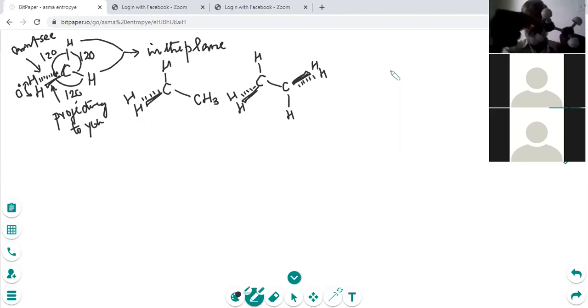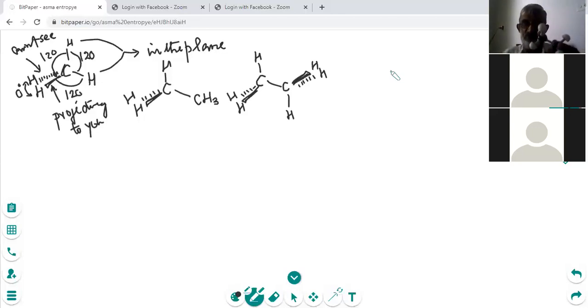If you look from here, you can see this carbon and all these hydrogens, and this carbon. You cannot see the second carbon. You won't be able to see the second carbon.